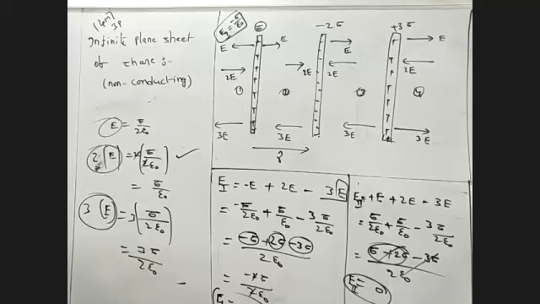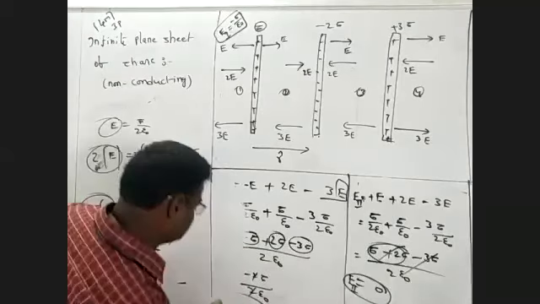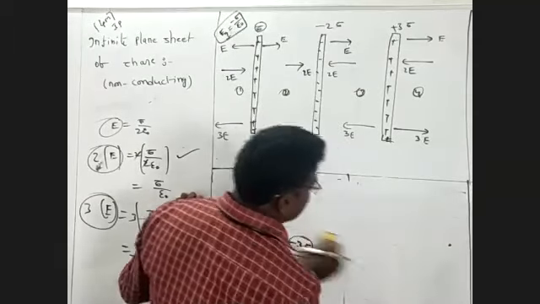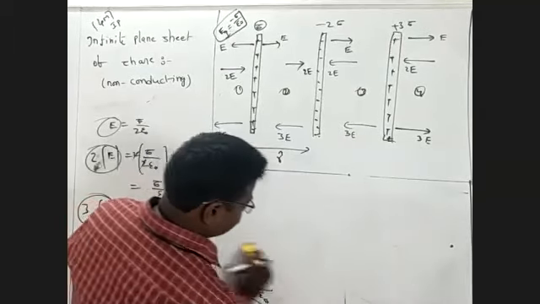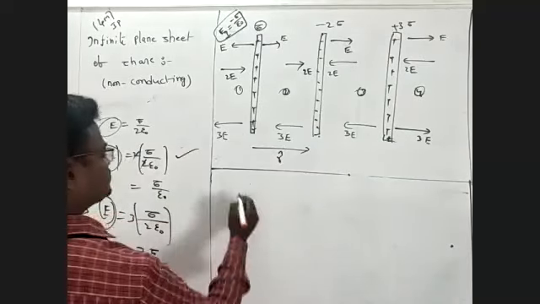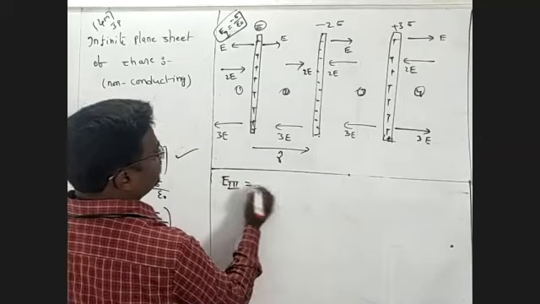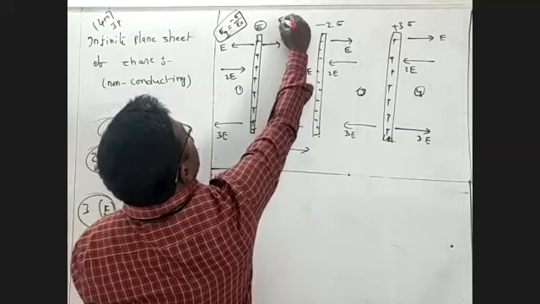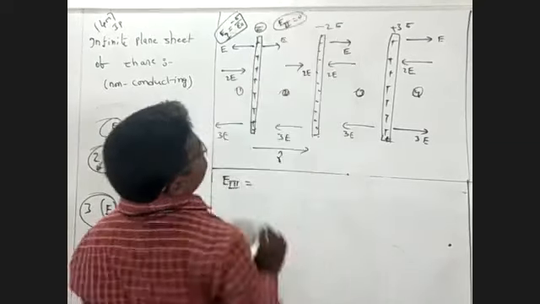Next, region number 3. This is the direction of electric field. In region number 2, the electric field is 0.